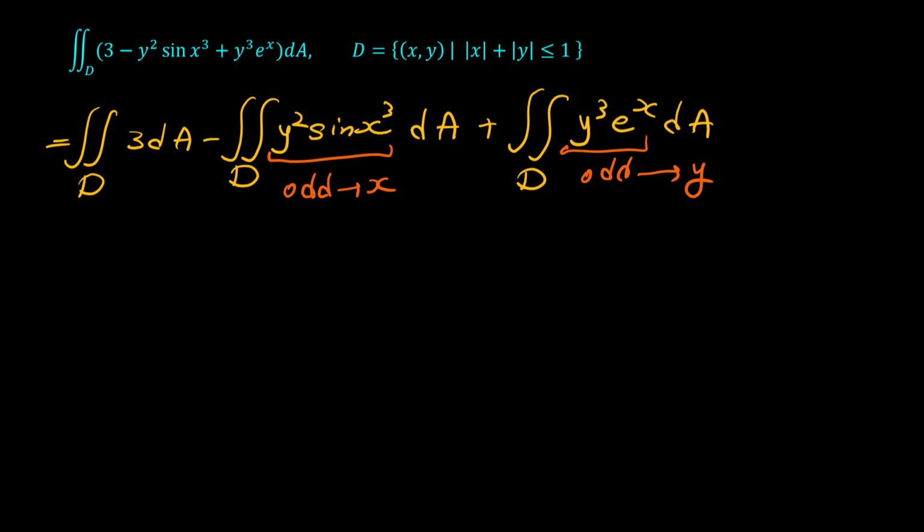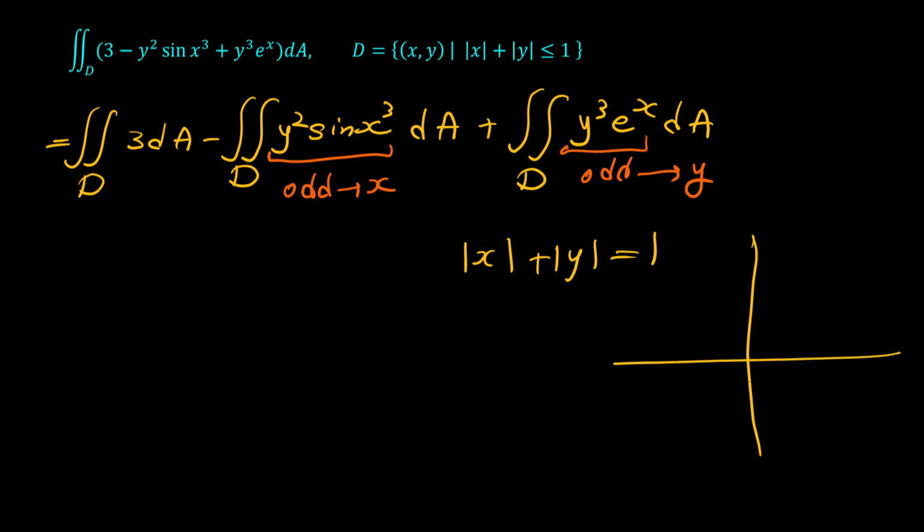Now the only thing that we have to do is to draw this region. The region is inside this equation: absolute of x plus absolute of y equals 1, but here it is less than or equal to 1, so inside of this equation. Its graph is like a square that is rotated 45 degrees.